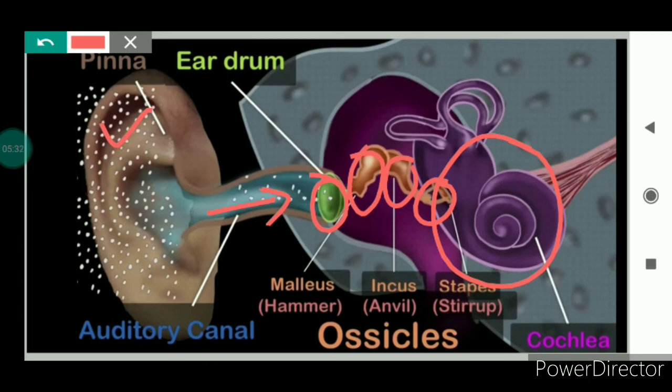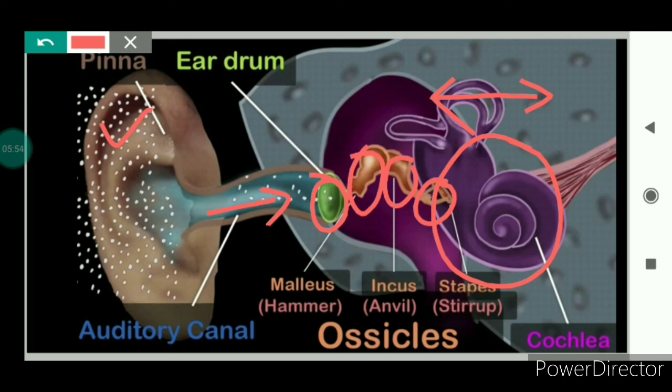In the inner ear there is liquid in the cochlea. Because the stirrup starts vibrating, the liquid in the cochlea also begins to vibrate. When the middle ear bones pass on the vibrations to the inner ear, these vibrations are amplified.